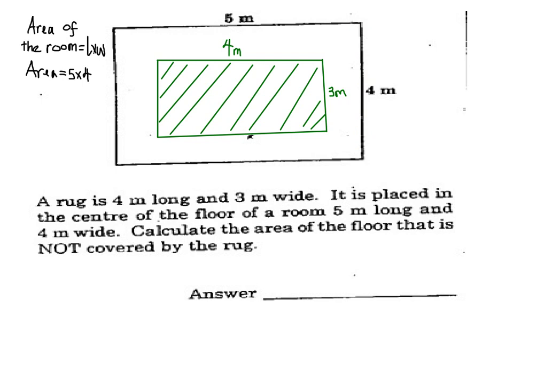And what is 5 by 4? 20. Because we're dealing with area, we're going to put 20 meters squared. So that's the area of the room.